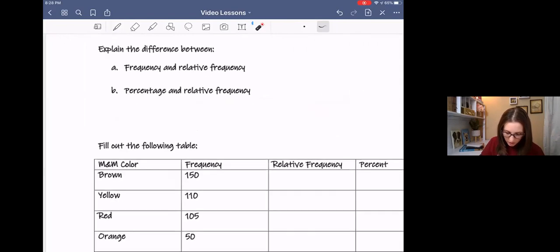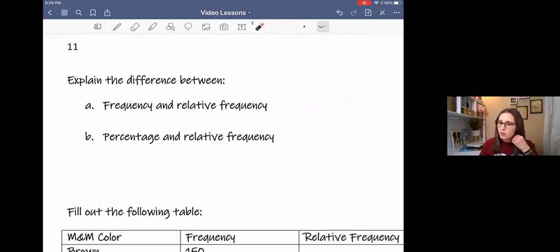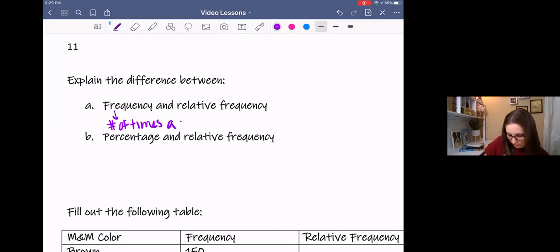So just to kind of review a little bit, I want you to pause and think about these. Explain the difference between these things. So pause it, think about it, try it on your own. And then when you come back, I'll go over it. So frequency is just a number, the number of times an observation occurs.